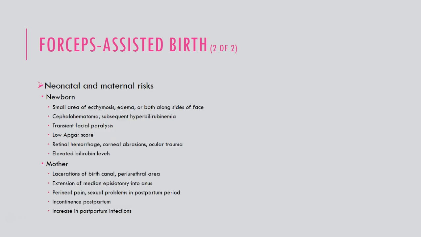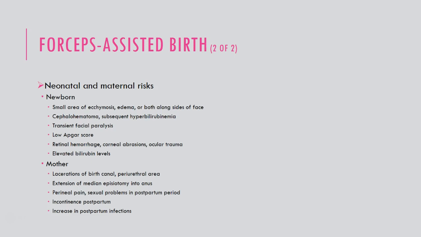There are some risks. For the newborn, you can see small areas of ecchymosis around the face. You can see edema. Cephalohematomas are possible. And because of hematomas, once the baby is born, if the hematomas are large enough and severe enough, we can also see hyperbilirubinemia in those babies afterwards.